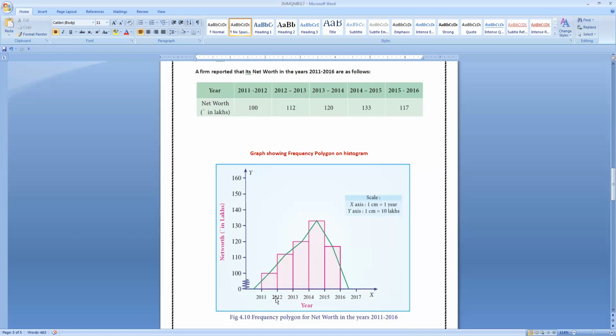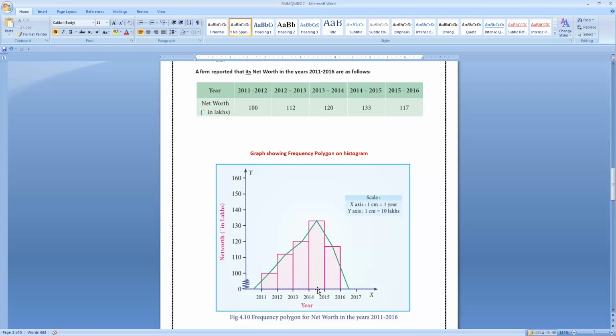Now we have to erect the rectangles exactly, 2011 to 2012. One rectangle we have to draw, with the height shown till 100 on the y-axis. Then from 112 to 113 they have shown very easily. After 112, the second box, we have to mark one rectangle, and draw one more rectangle.